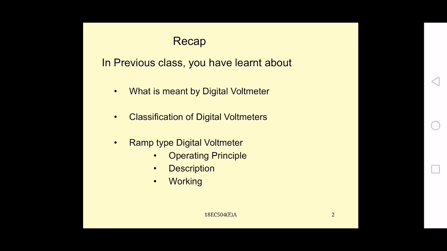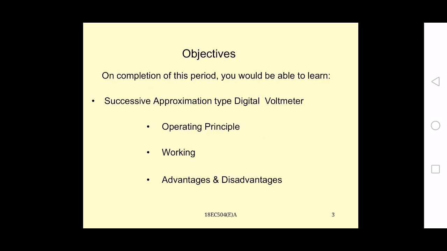So that we saw in yesterday's class about the ramp type digital voltmeters. On completion of this period you will be able to learn about successive approximation type digital voltmeters. So today the topic is the second type of voltage measurement by digital voltmeter, that is the successive approximation type digital voltmeter.